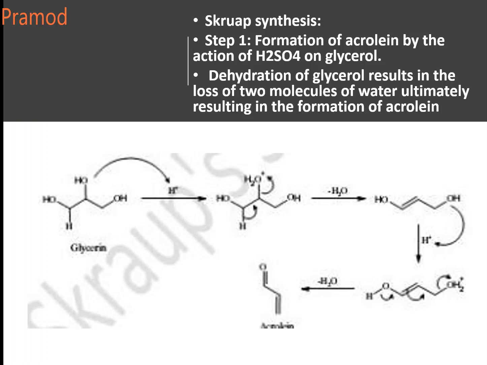So in this first step there is loss of 2 water molecules to form acrolein. First the central, middle OH is removed, then the terminal OH is removed, and there is a shifting of electrons and you get your acrolein. That is the first step of the Skraup synthesis.